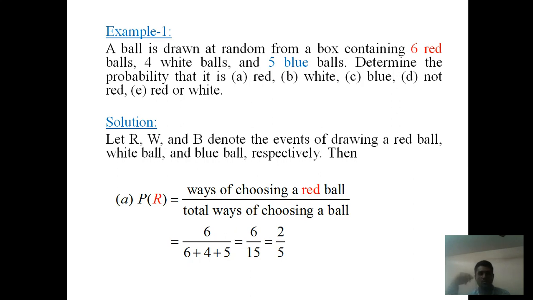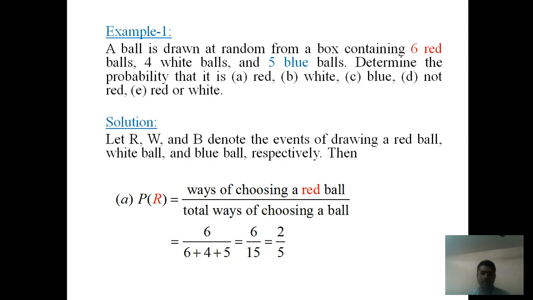First of all, we have to assign some notation. Let R, W and B denote the events of drawing a red ball, white ball and blue ball respectively. Then we have to find the first one, the probability of a red ball. The probability of a red ball is equal to the ways of choosing a red ball among the total ways of choosing a ball.